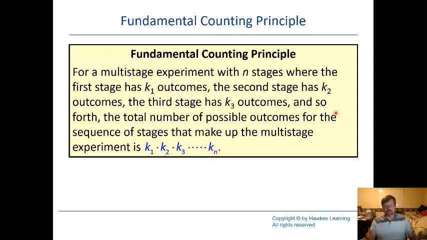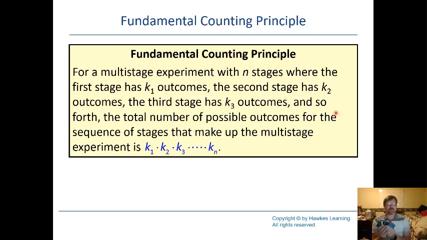The more dice I add, the more I multiply by. If I was rolling 2d6 and 1 four-sided die, it'd be 6 times 6 times 4. If one of them was 20-sided, 6 times 6 times 4 times 20, however many possible outcomes there are.